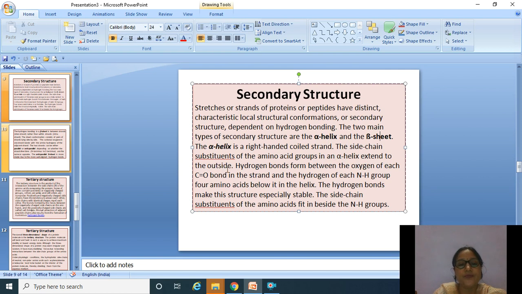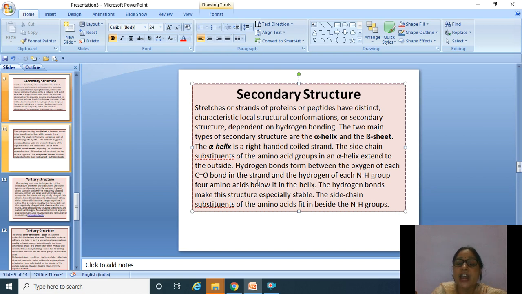They form hydrophobic interactions or hydrophobic bonds. The hydrogen bond is formed between the oxygen of each carbonyl bond in the strand and the hydrogen of each NH group, 4 amino acids below it in the helix.